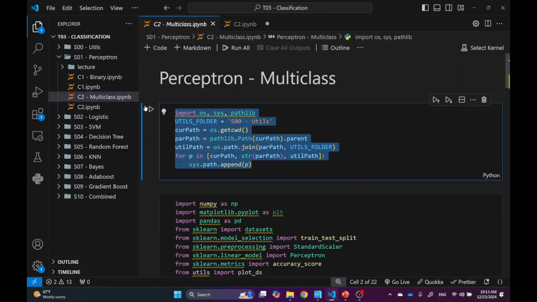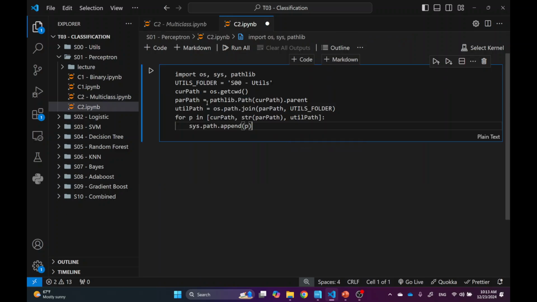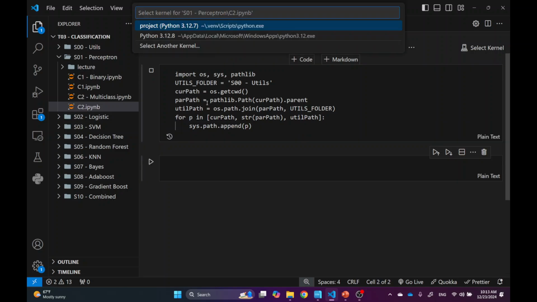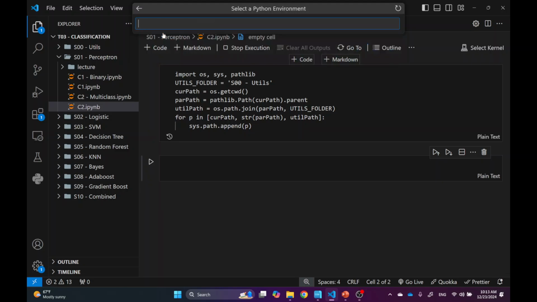So let me just, first I'm gonna copy. So remember this one, it's just loading the location of my utility function. So you gotta run this one first. Which one is it? It's always gonna select different things.